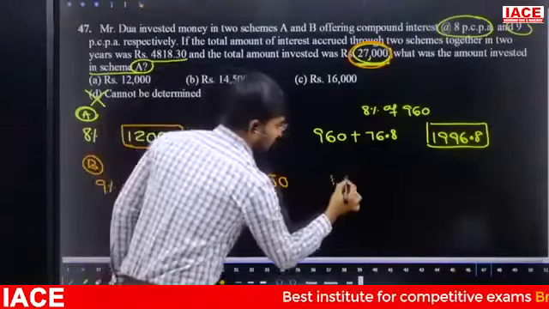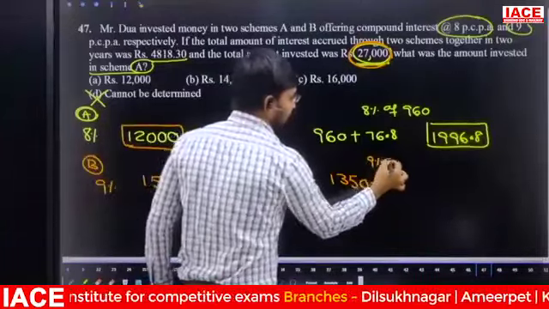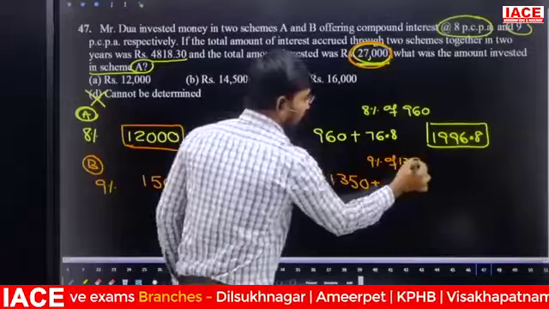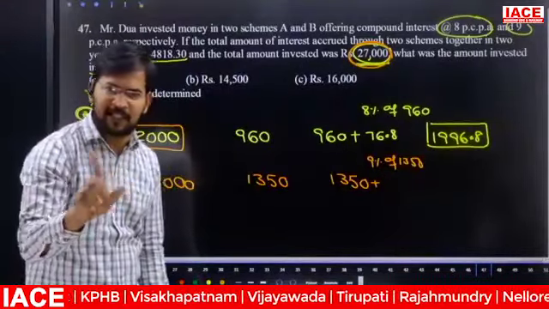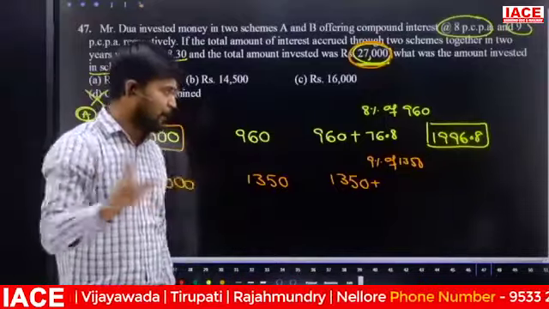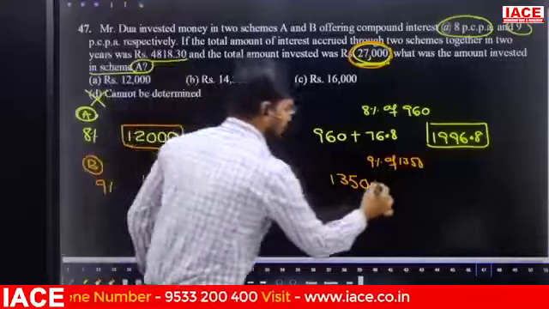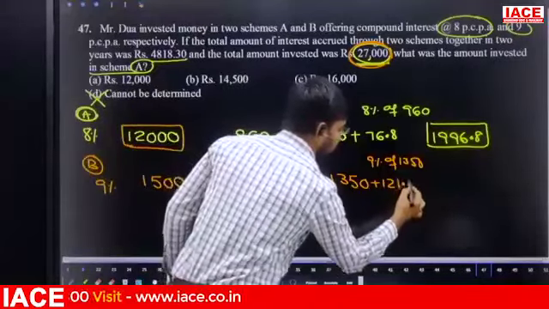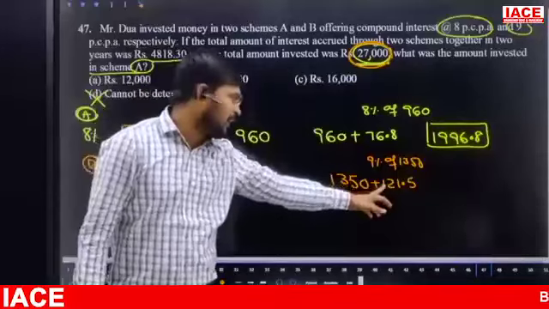Second one is also 1,350 plus 9% on 1,350. So 1% is nothing but 13.5. 9% is nothing but 9 into 13.5, 9 3s are 27, 9 into 0.5 is 4.5, 4.5 plus 117, 121.5. Now 1350, 1350, 2,700, 2,700 plus 121.5.